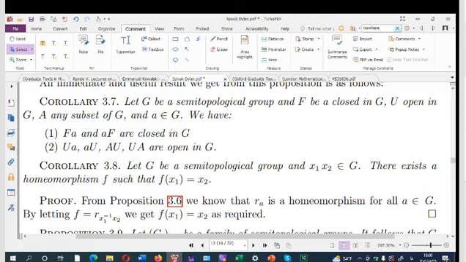This is a very nice corollary of the previous proposition.